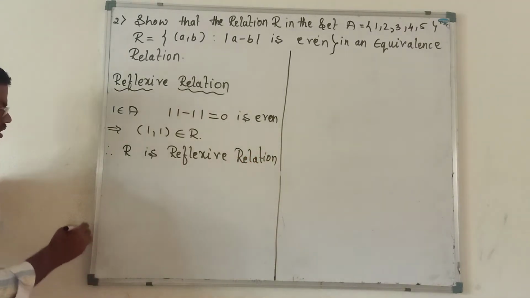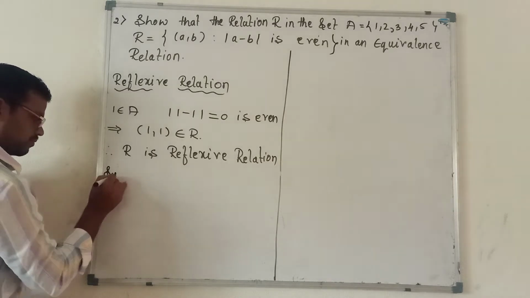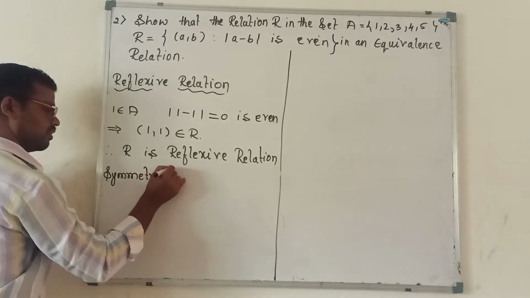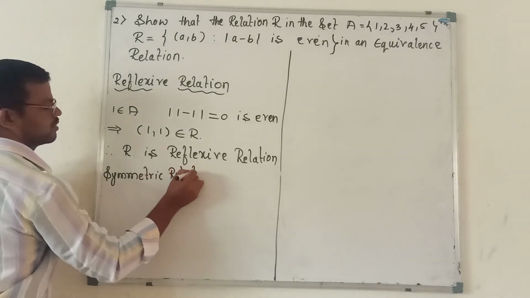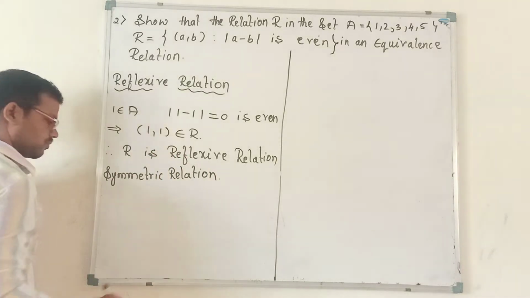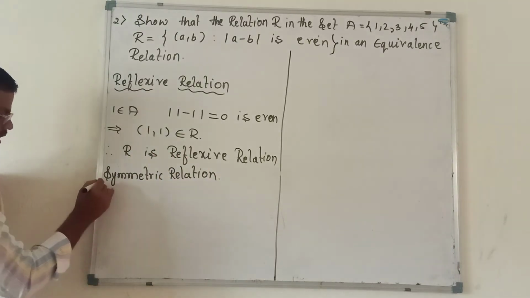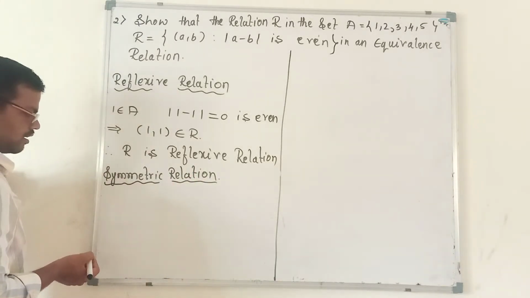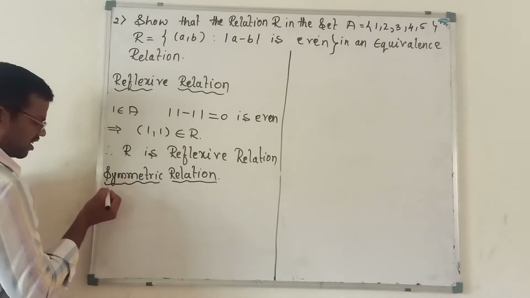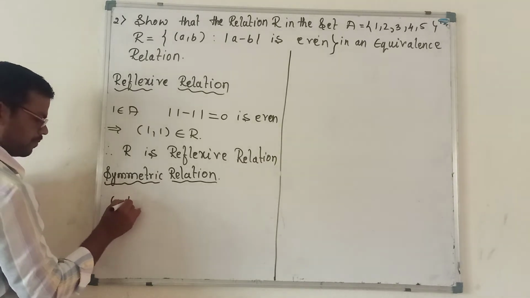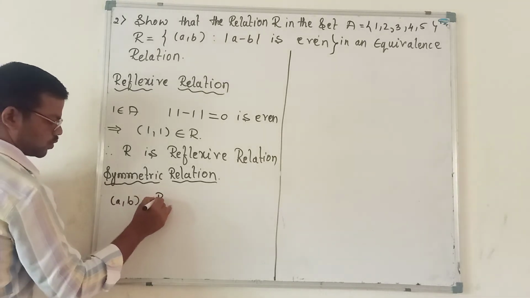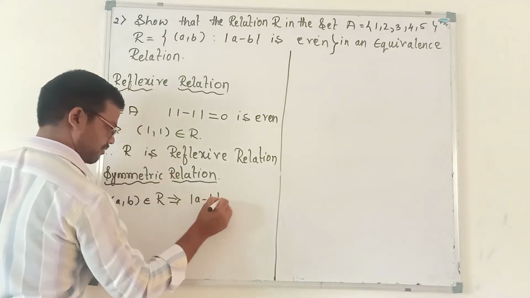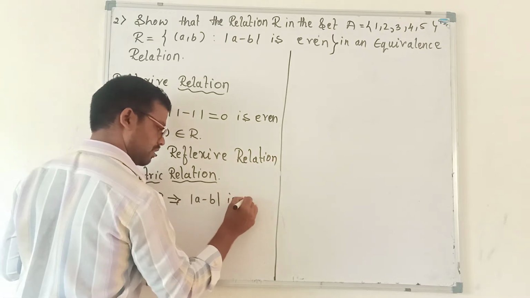So next we come to the symmetric relation. What can we say? We need one pair. Let me consider the pair (a, b) belongs to R. It implies that mod of a minus b is even.